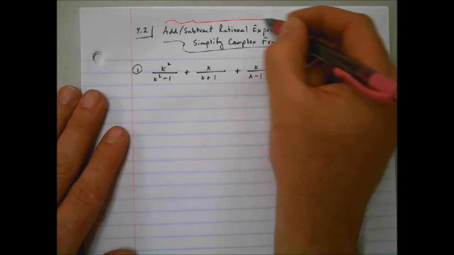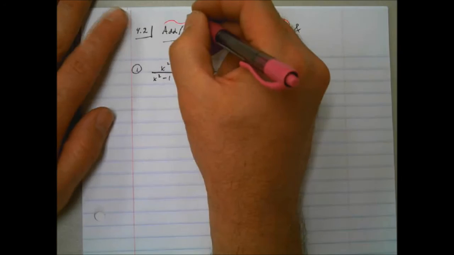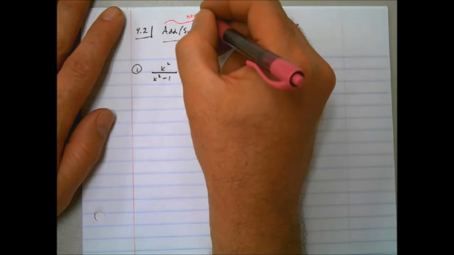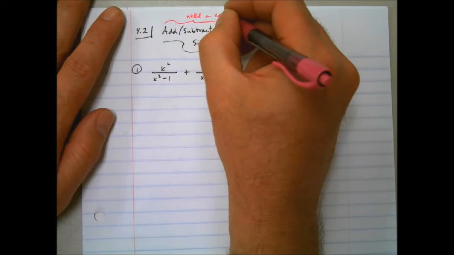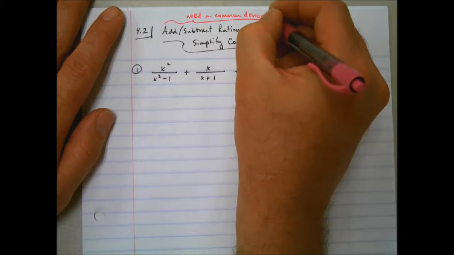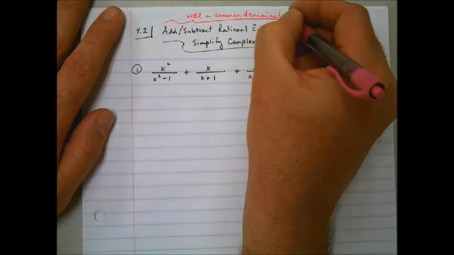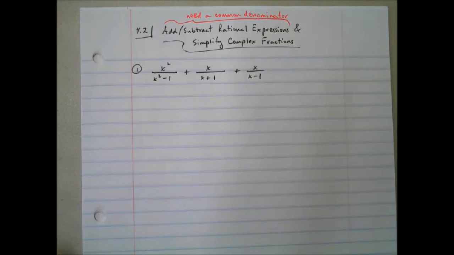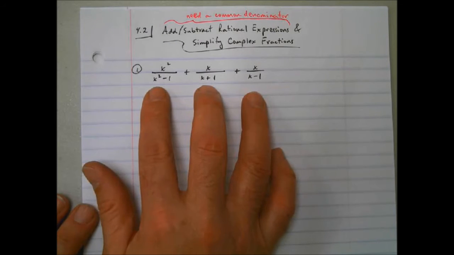Need a common denominator. Common meaning same, need the same denominator. They're not speaking the same language until their denominators are the same.